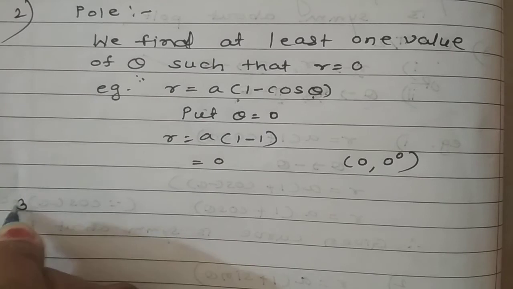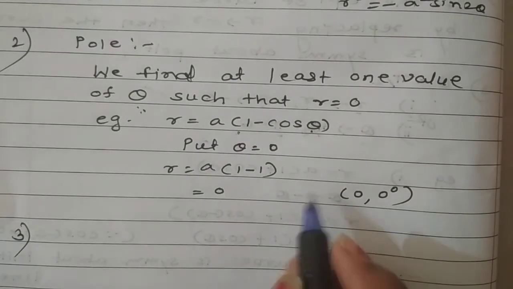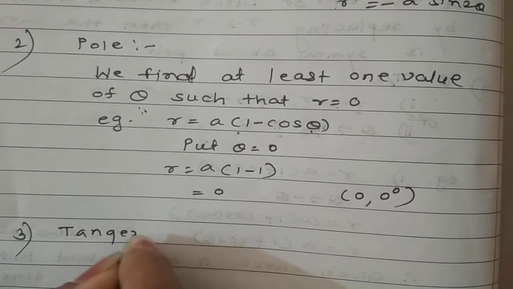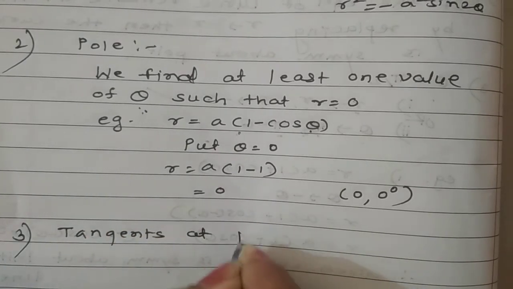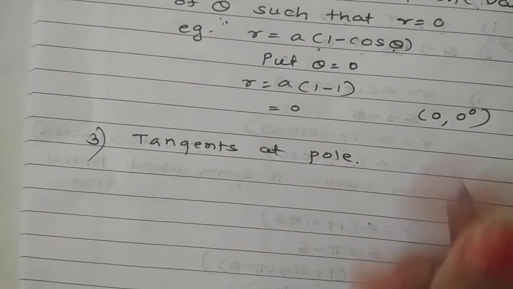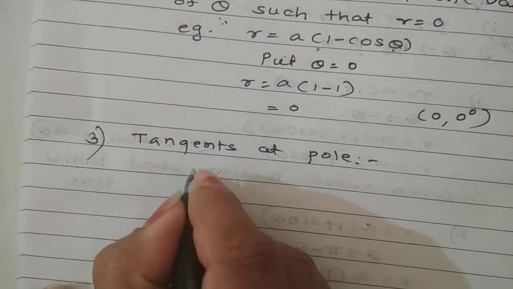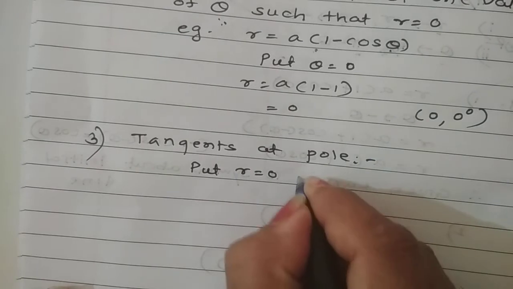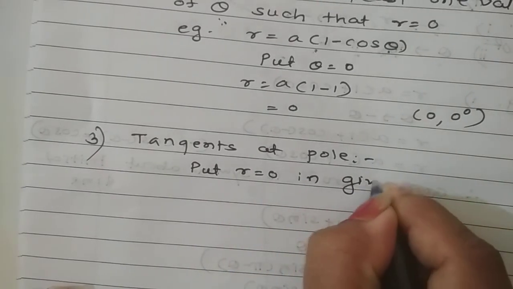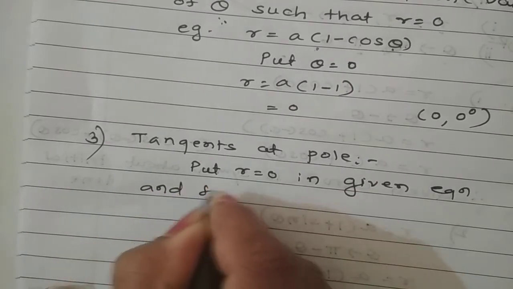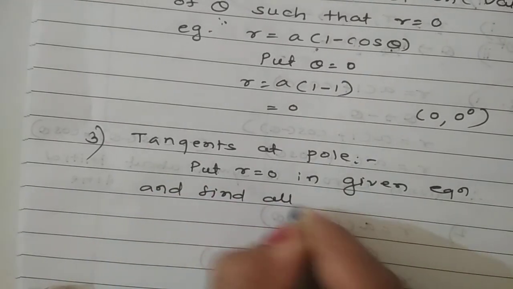Next, number 3, third point. When our curve passes through pole, then we find tangents at pole. To find tangents at pole, we put r equal to 0 in given equation and find all theta.